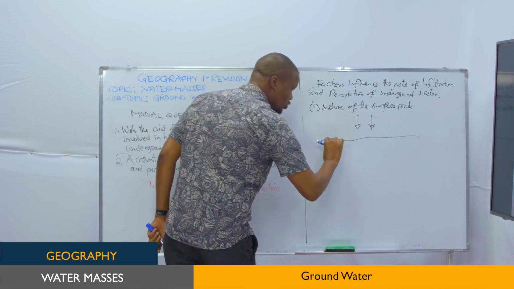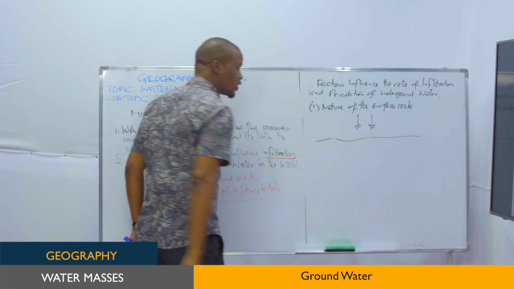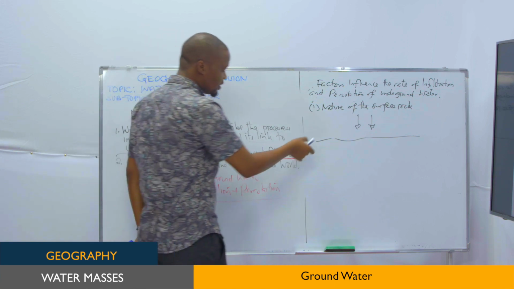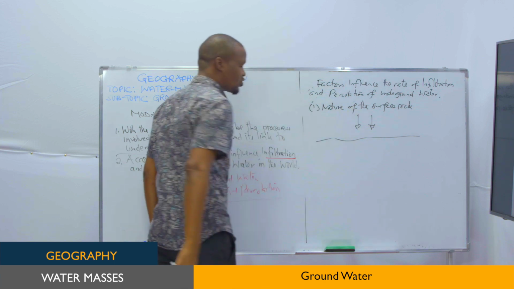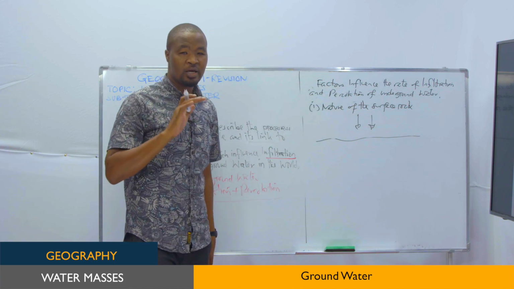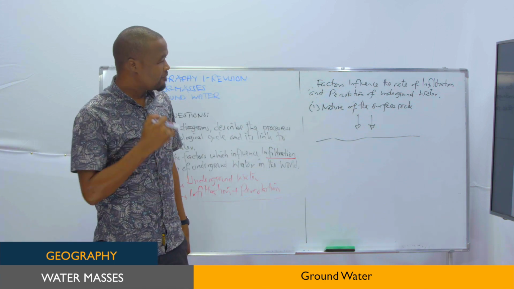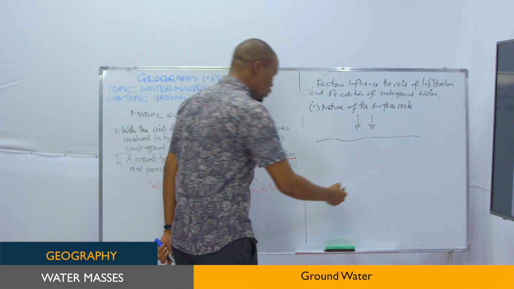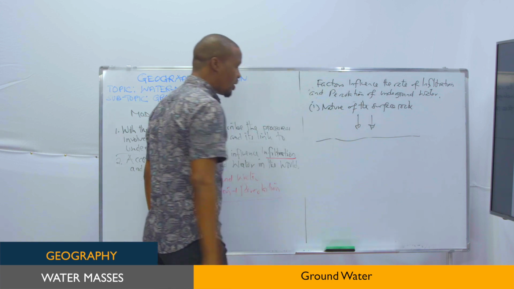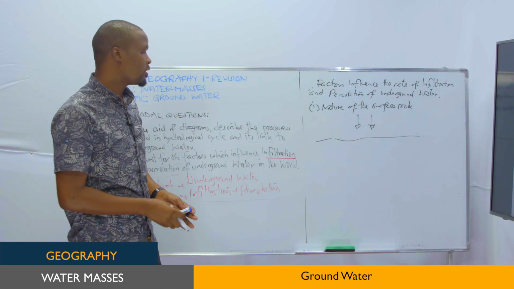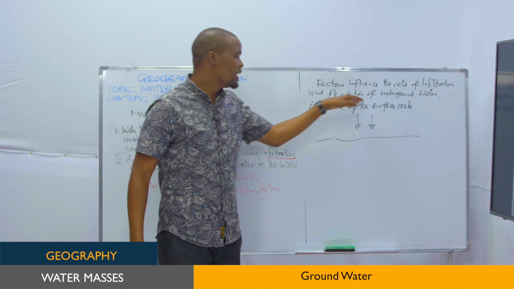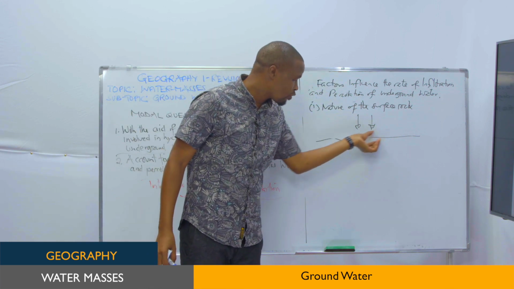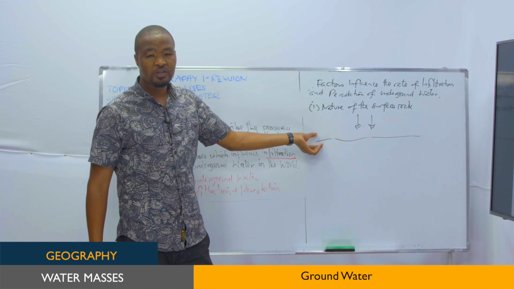If at the top here the nature of the rock is very hard, a resistant rock, then we expect there will be very little infiltration or percolation of water underground. So at the end, we will get a small amount of water underground. Why? Because there is very little infiltration and percolation of water underground due to the presence of very hard rock at the surface of the land.